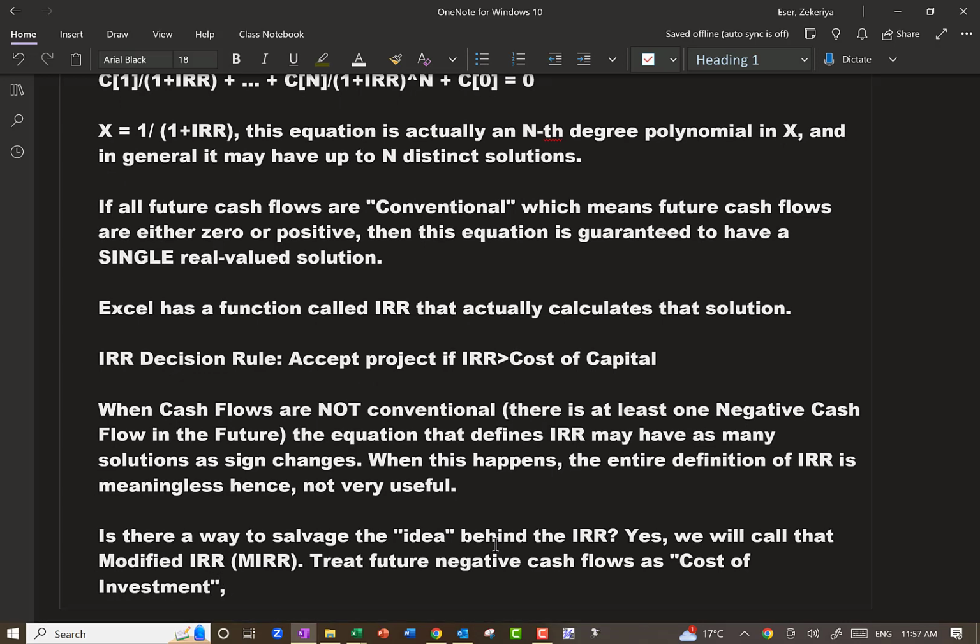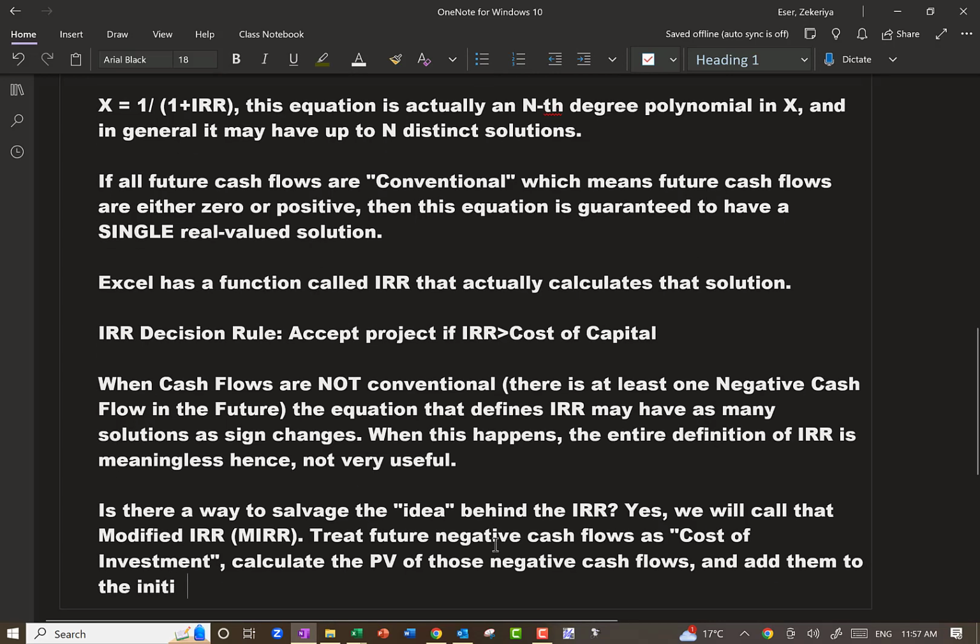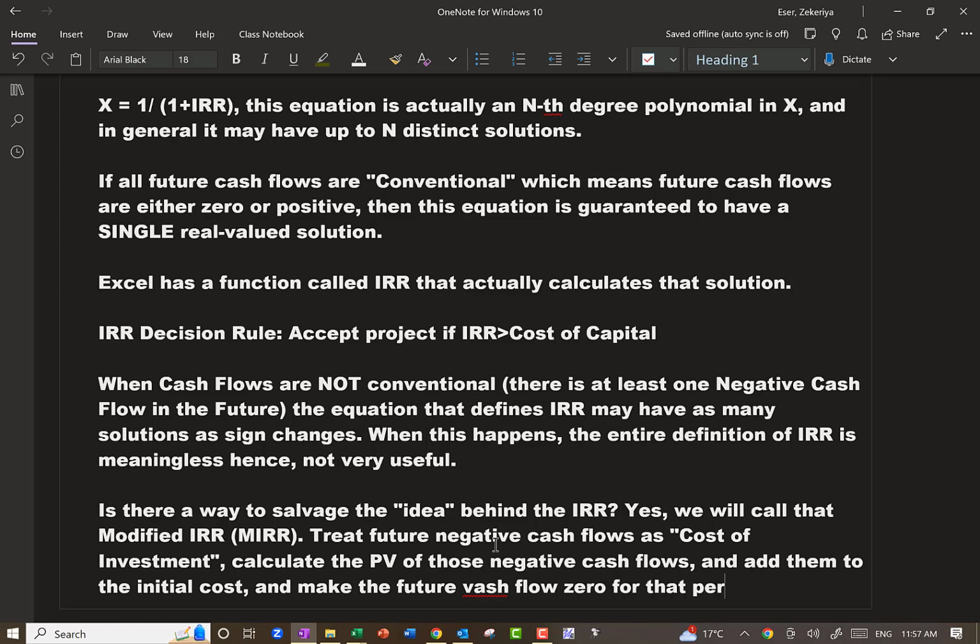That means calculate the present value of those negative cash flows and add them to the initial cost and make the future cash flow zero for that period.